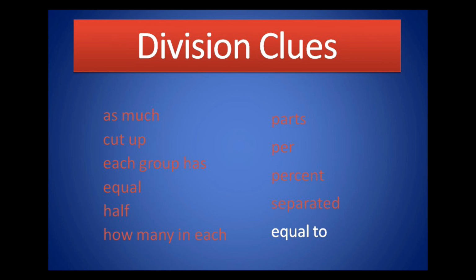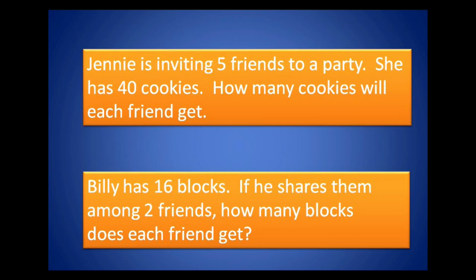You just have to really be on whatever word problem you're looking at, to be sure of what they're asking you for, because equal could also be like a total. What does this equal up to? But if you got something that says equal to, it could change the dynamic of the word problem. Let's see what we got.